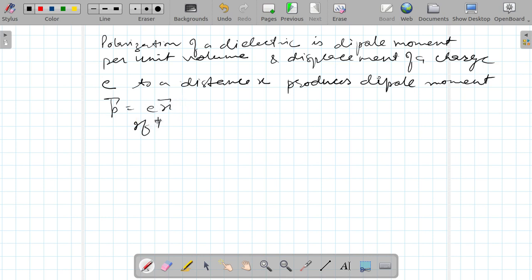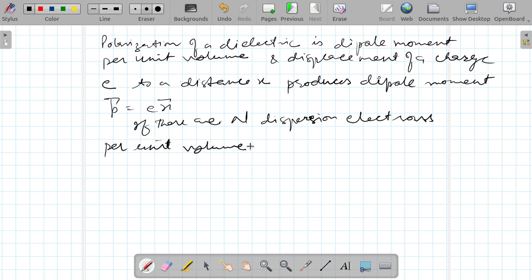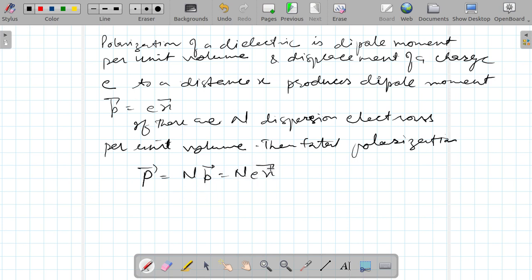So if there are N dispersion electrons per unit volume, then the total polarization P is equal to N p, where p is the dipole moment per atom. So it can be written as Nex.